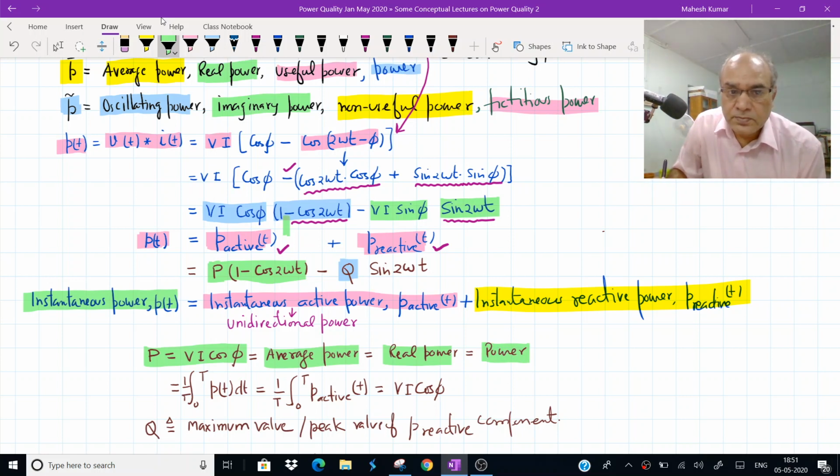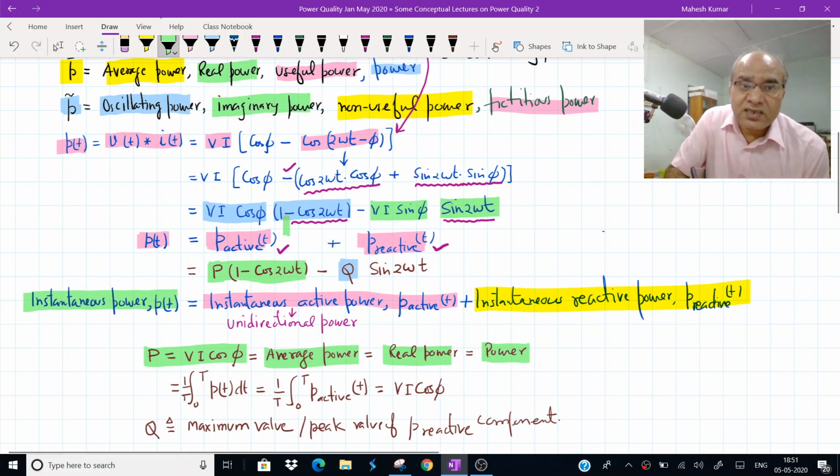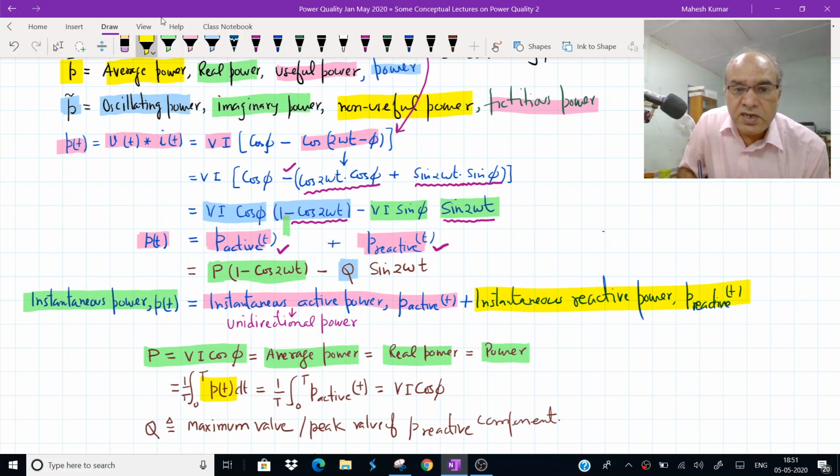Many names. And by expression it is equal to the average of the instantaneous power. So I take P(t) dt and integrate over the period 0 to T, times 1 by T. So this forms the average value of the active power, or simply power.